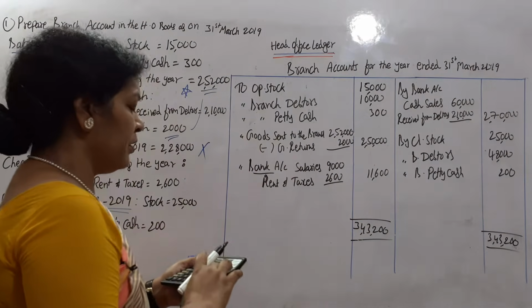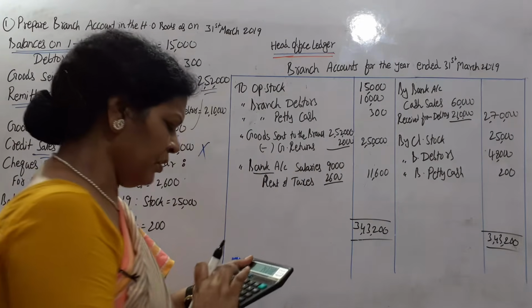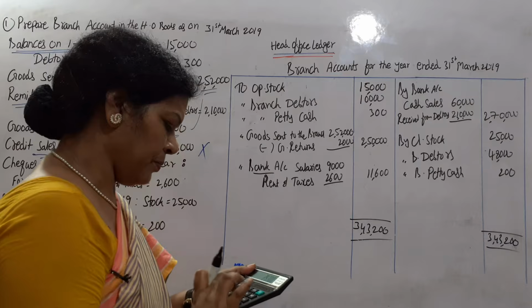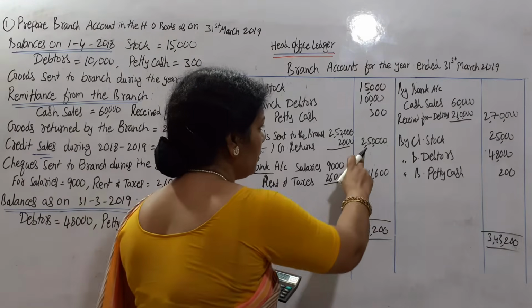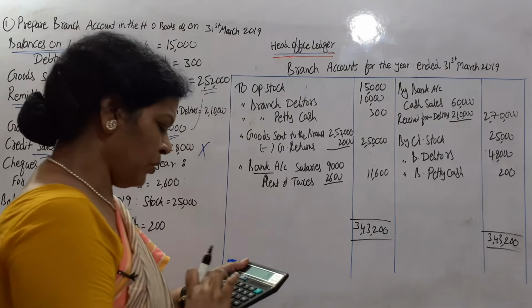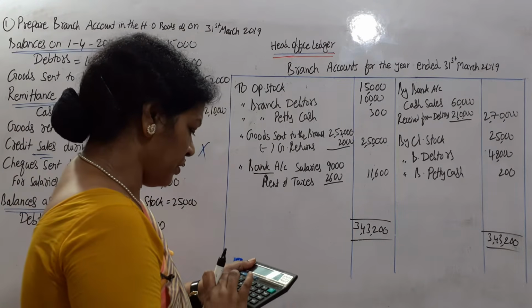So this minus, together we can say 2,50,000 minus 11,600 is 2,61,300.